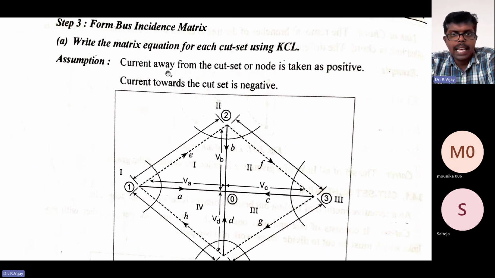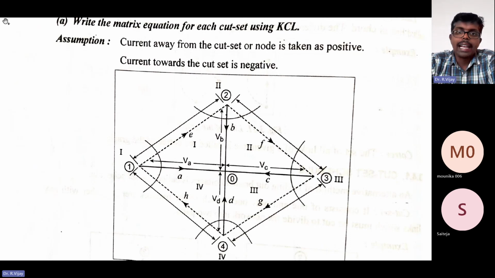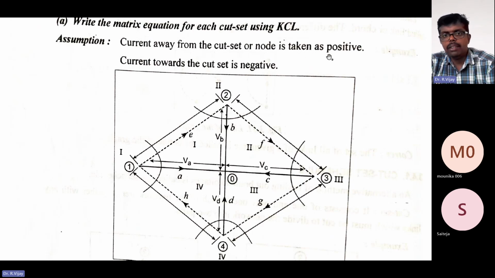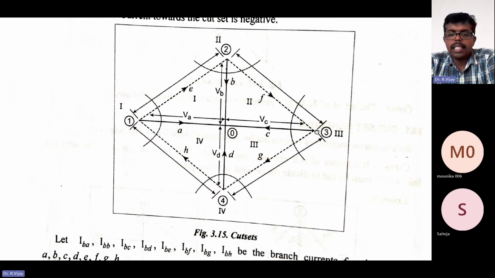The first assumption, which is a very important thing to note down: current away from the cut-set or node is taken as positive, and current towards the cut-set is taken as negative.